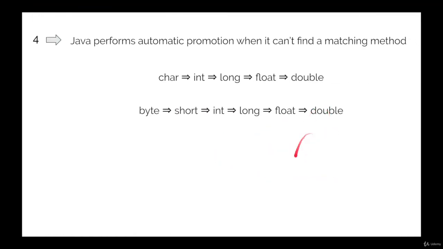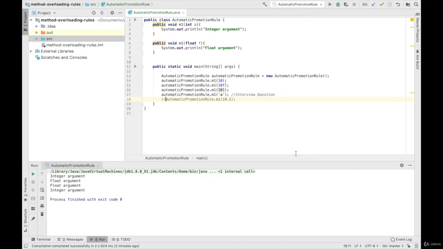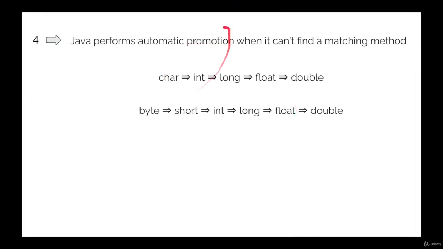So this is how automatic promotion works in Java. I hope you got clarity on this particular rule. Whenever Java finds that you are calling an overloaded method which doesn't have a matching type, the compiler doesn't throw an error immediately.